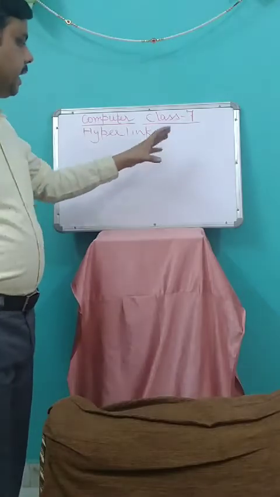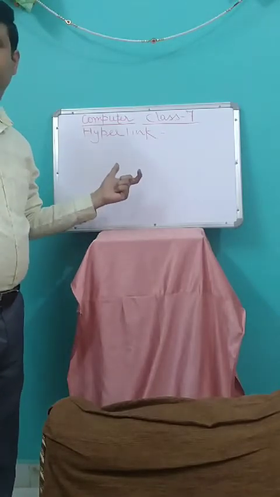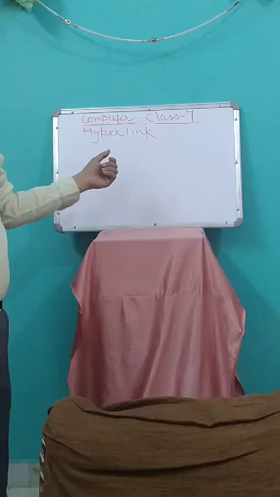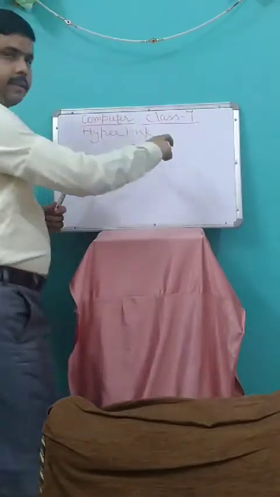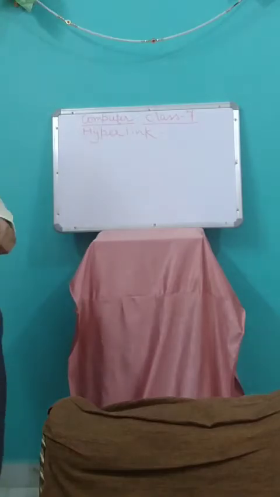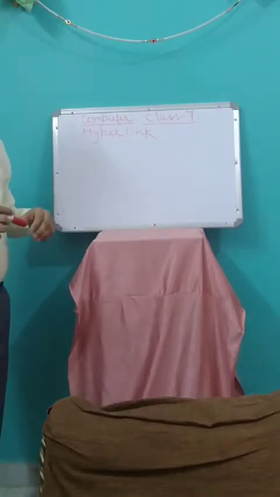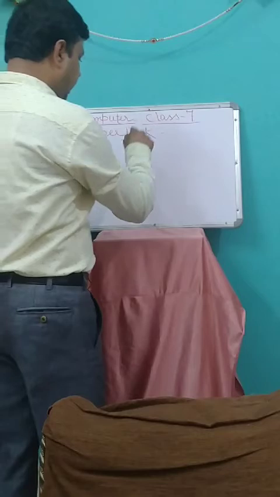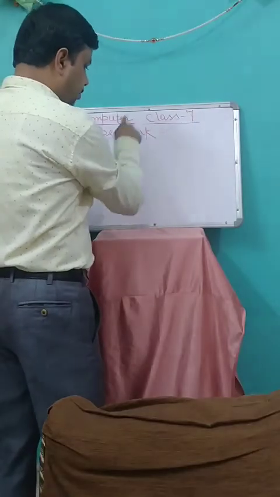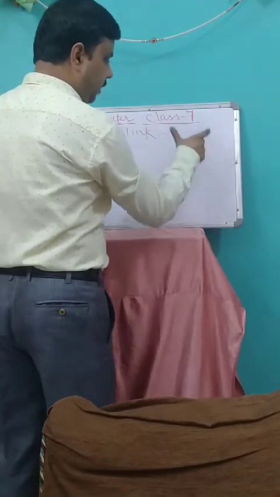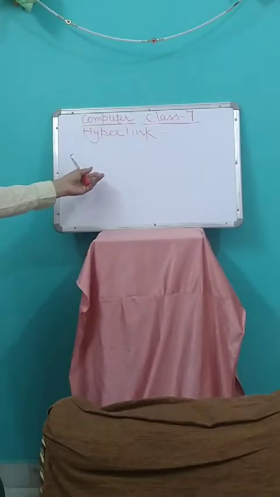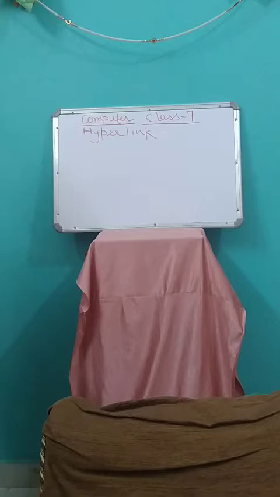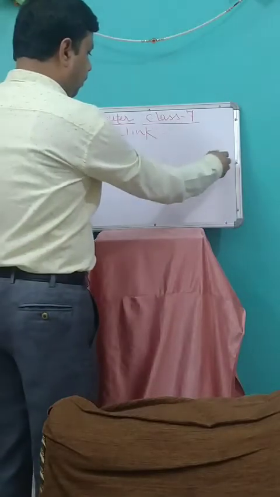This link is an object in the web page which can be clicked to jump to another page. When we are clicking in, we can jump in another page. Is it clear? Jump from one page to another page or part of the same page of a website.